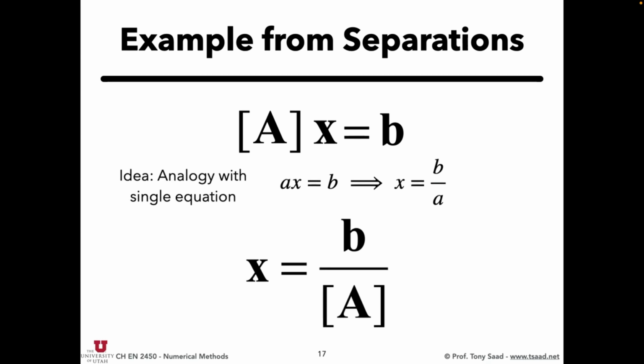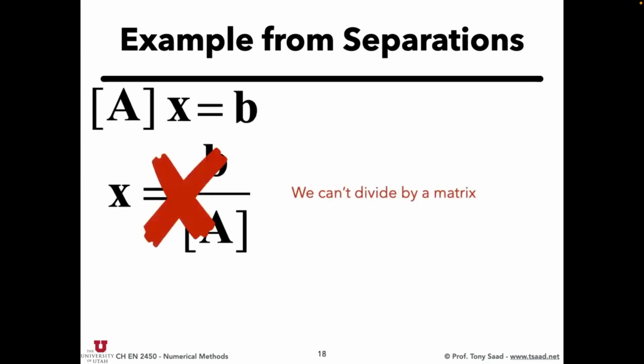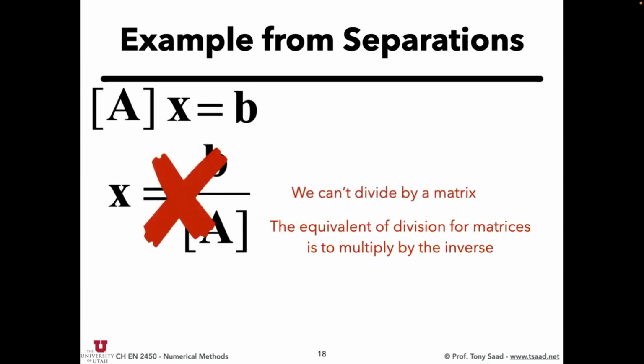I told you you're a tough bunch. We can't divide by a matrix, right? But what can we do with a matrix? Yes, the inverse. When applied to a scalar, it's 1 over, right? So the inverse of a matrix is actually the equivalent. It's as if you're dividing by that matrix, whatever that means. You cannot do division by a matrix.